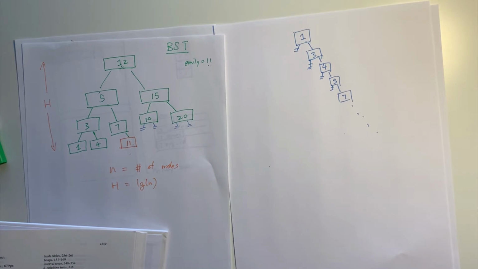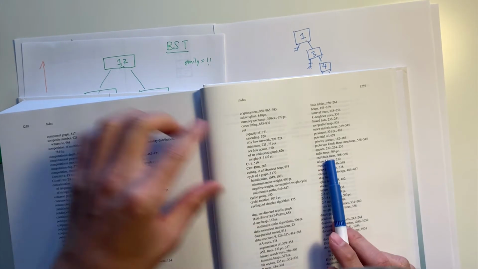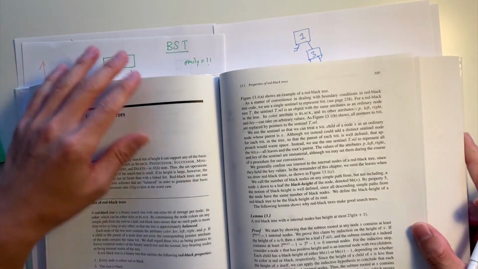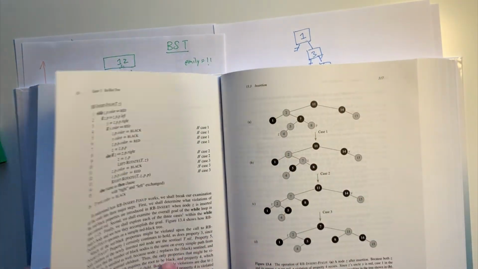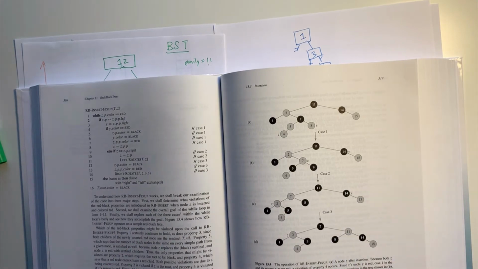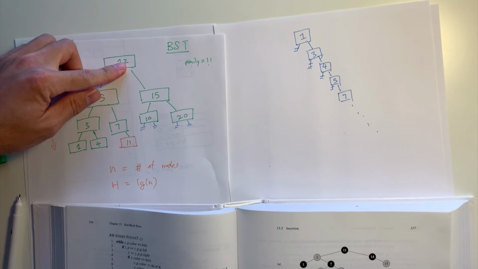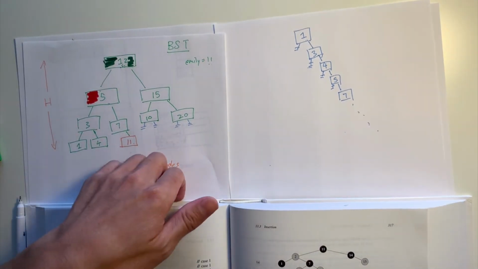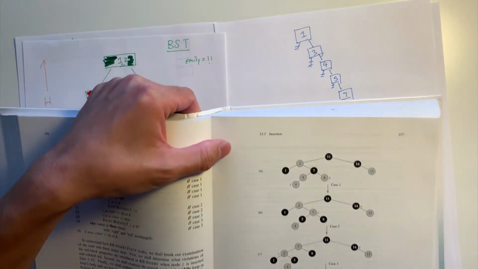One of those ideas is red-black trees, one of the famous ideas. There's a whole chapter dedicated to red-black trees. I'm not going to go into too much detail because it's kind of complicated, but I'll explain the gist. We're going to color each of the nodes of the tree either red or black. In the book, it's actually black-gray trees because it's a black and white book.